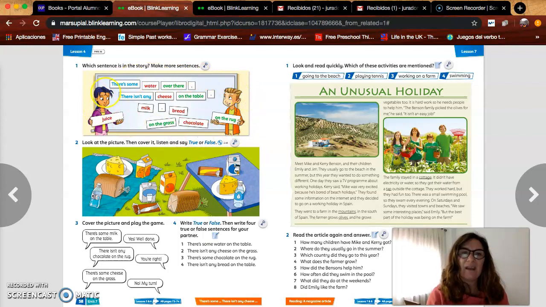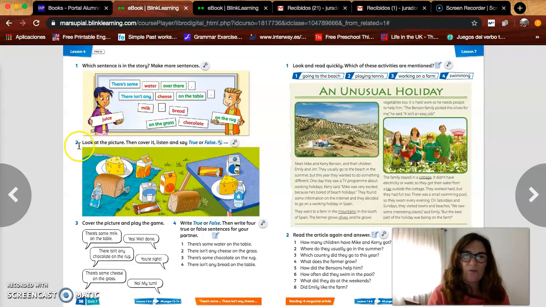Here we have some sentences with there's some, there isn't any, and other complements, okay? There's some water over there, there isn't any cheese on the table, and you can make a lot of combinations. So we have already done this, and you watched a video too.